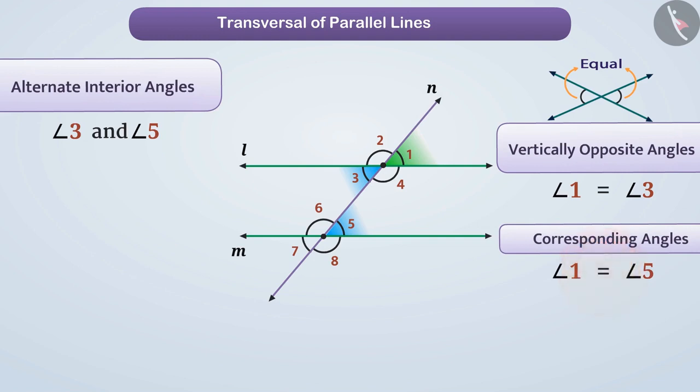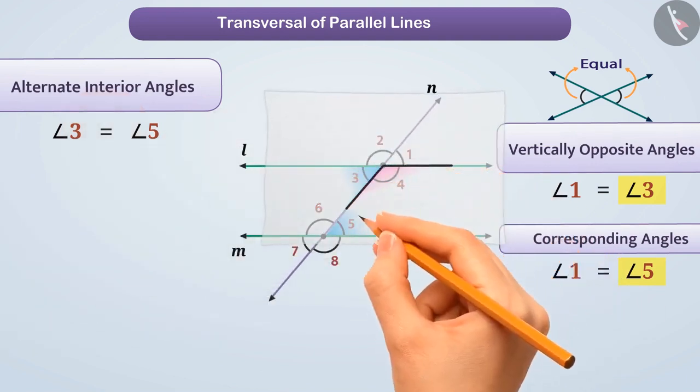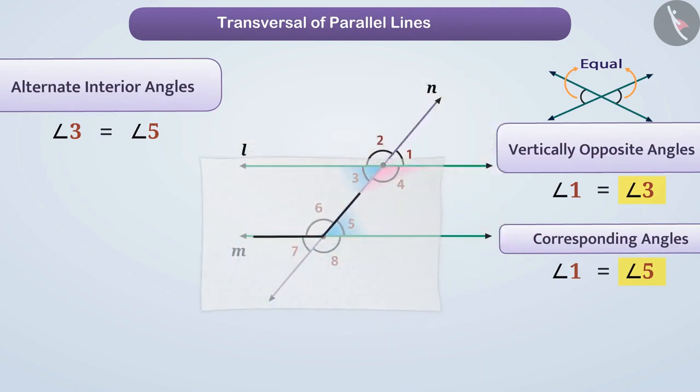So, they are also equal. Since angle 1 is equal to both angle 3 and angle 5, we can say that angle 3 is equal to angle 5. Similarly, if we draw this angle on the trace paper and place it at its alternate interior angle, then we find that the measurement of both is the same.